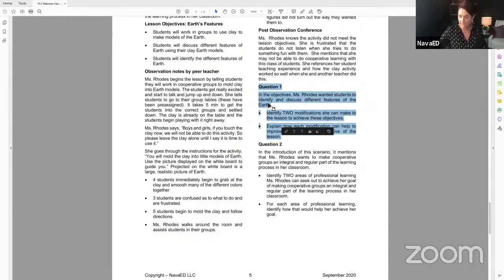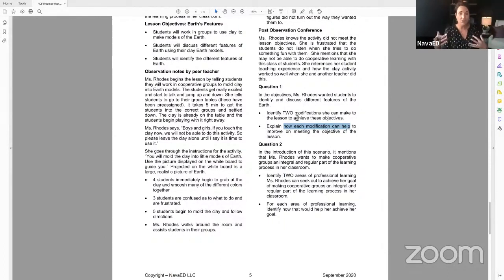Same goes for kids. Don't get bogged down in this huge scenario. You only have one thing you got to do here. So let's take a look. In the objectives, Ms. Rhodes wanted students to identify and discuss different features of Earth. Identify 2 modifications she can make to the lesson to meet these objectives and explain how each modification can help improve meeting the objective.